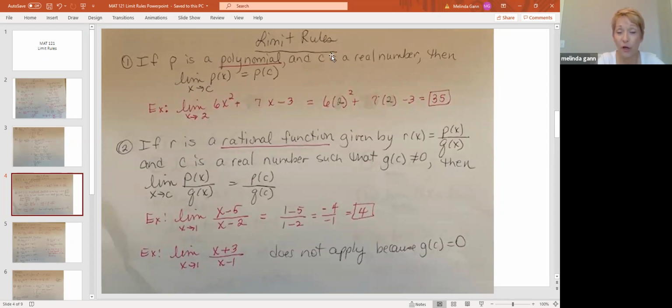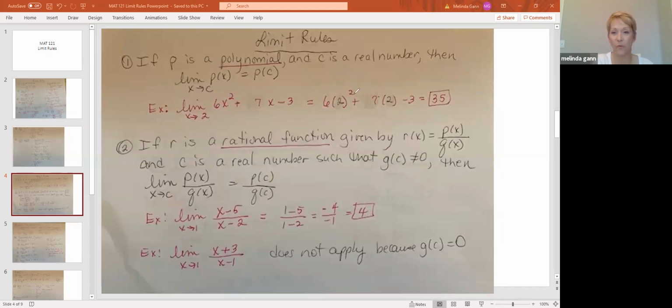If that's true, then you can just take this number and substitute in for that letter. Okay, so if you've got this long polynomial, you can just, everywhere you see x, you can just plug in a 2. So that x right there got replaced with a 2. That x right there got replaced with a 2.